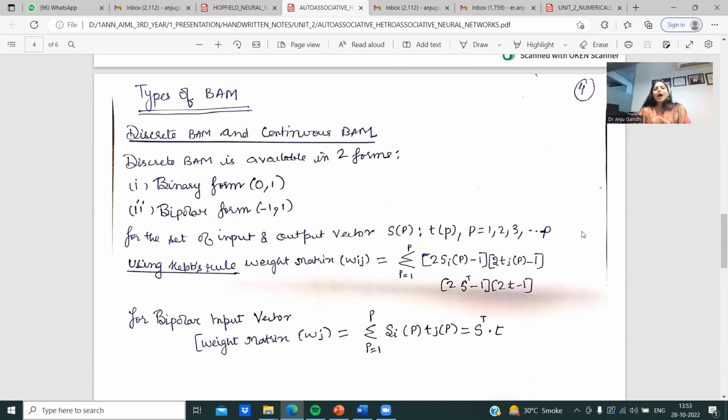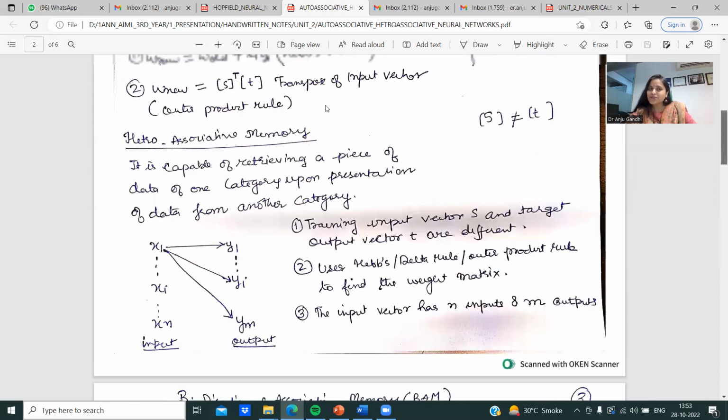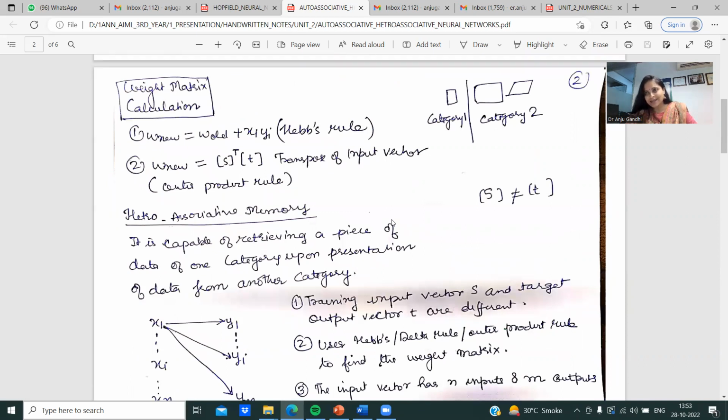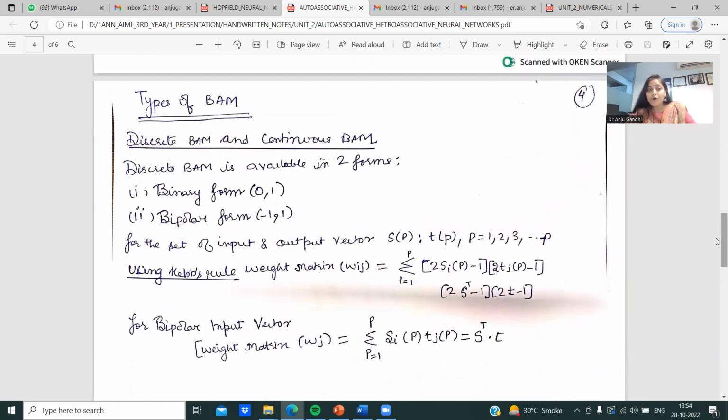Now, talking about Hebb's rule formula to calculate the weight matrix in the case of discrete BAM. Previously, we showed you the formula of Hebb's rule in the case of associative memory, where we were calculating the weight. Here also we are calculating the weight, but the formula for this will be different. This is the weight matrix formula using Hebb's rule in the case of binary.